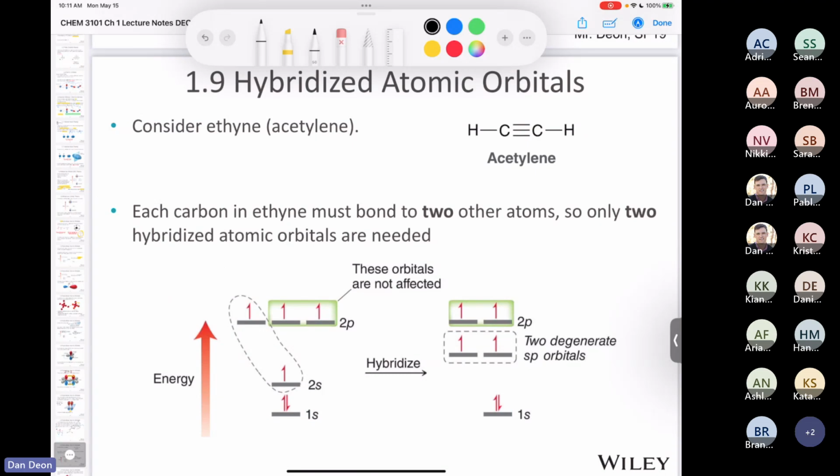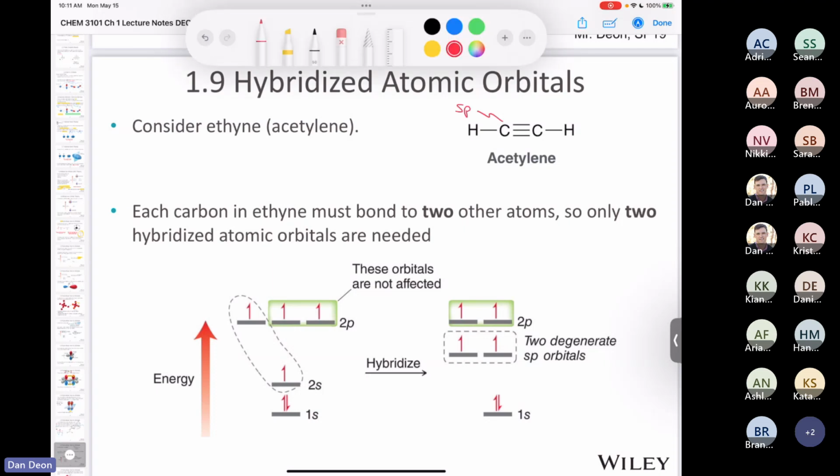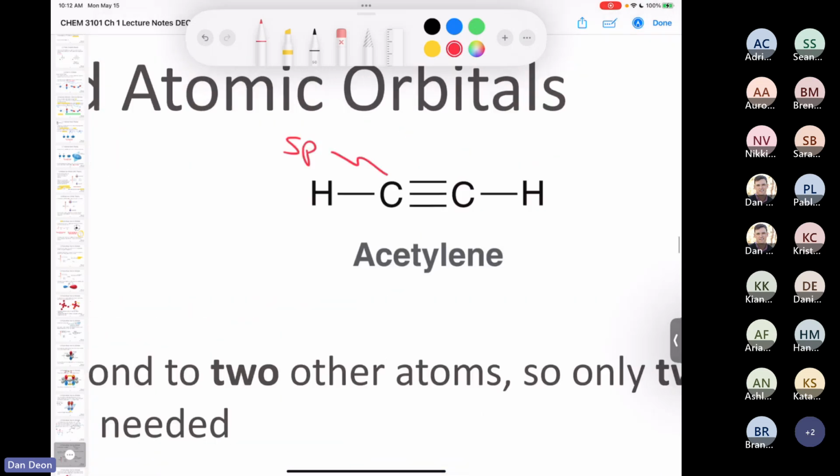We covered the hybridization of a carbon when it has 2 regions of electron density. It's sp hybridized. So just to make sure we really understand this, the first bond between any 2 atoms is a sigma bond. So how many pi bonds do I have between the carbons in acetylene? I have 2 pi bonds, don't I?